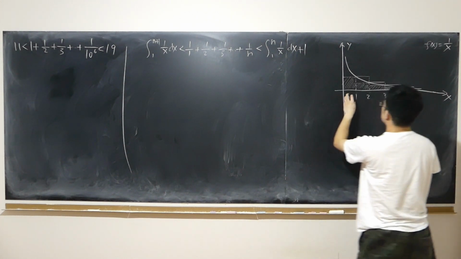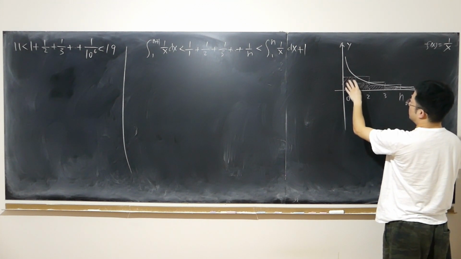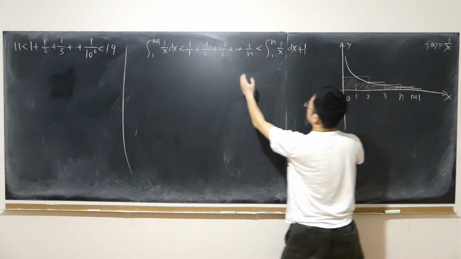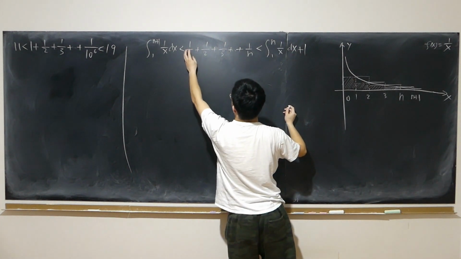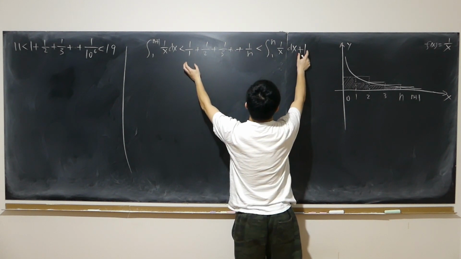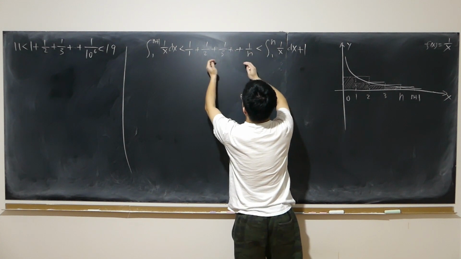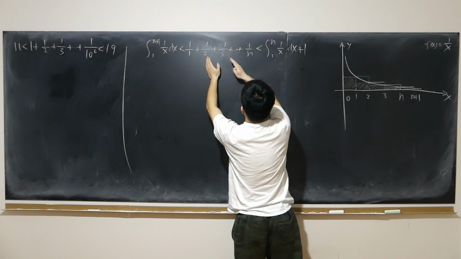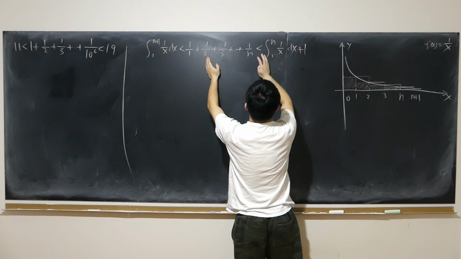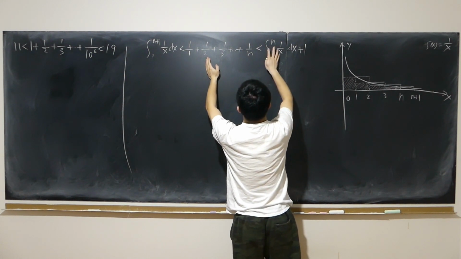The 1 represents the area of this rectangle. It's the same as this value, 1. And after I cancel out this one and this one, essentially I'm saying that the sum from a half up to 1 over n is strictly less than this area under this curve.